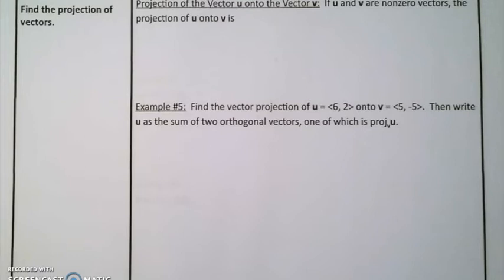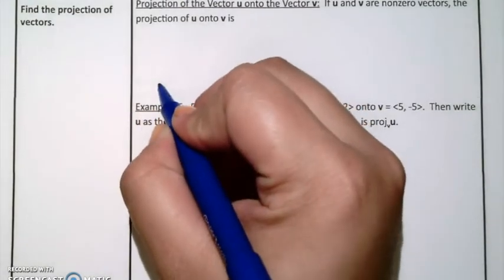All right, next let's take a look at projections. So the projection of the vector u onto the vector v is, if u and v are non-zero vectors, then the projection of u onto v can be represented by this diagram.